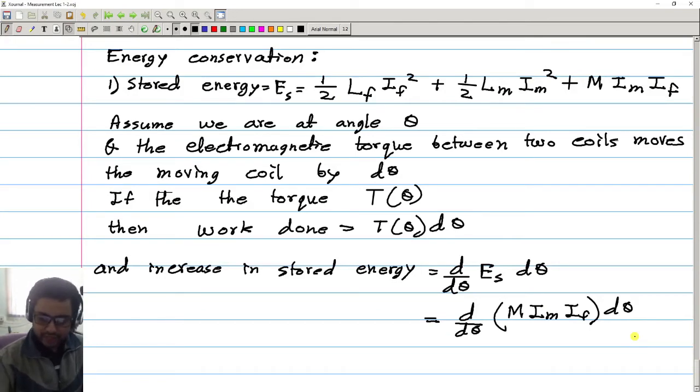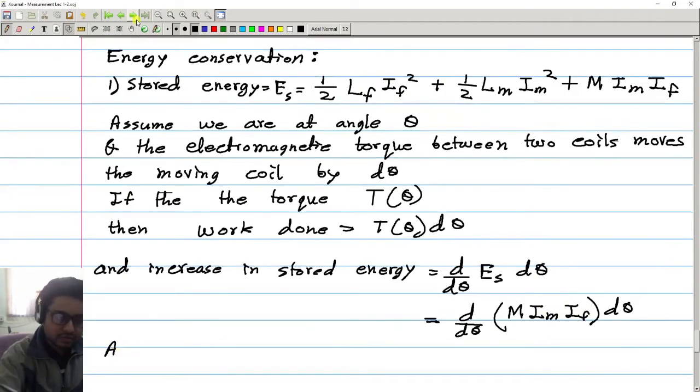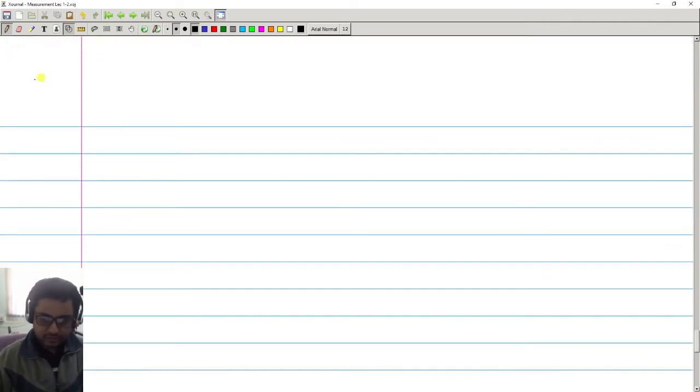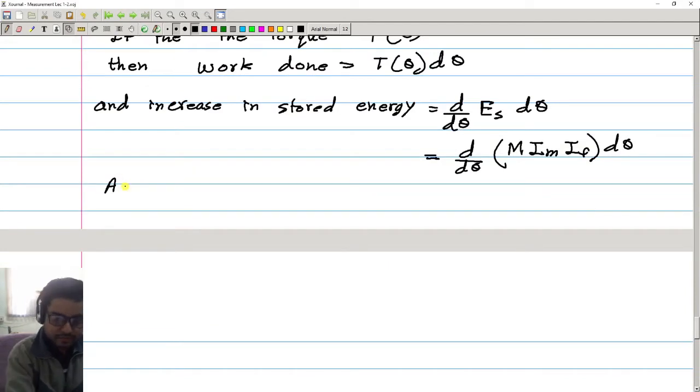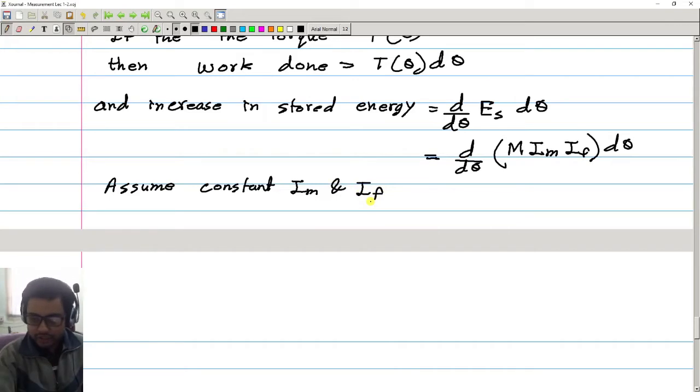So we will assume again constant currents I_M and I_F. So this is the increment in stored energy.